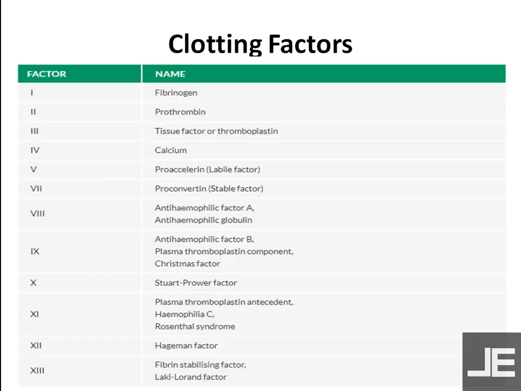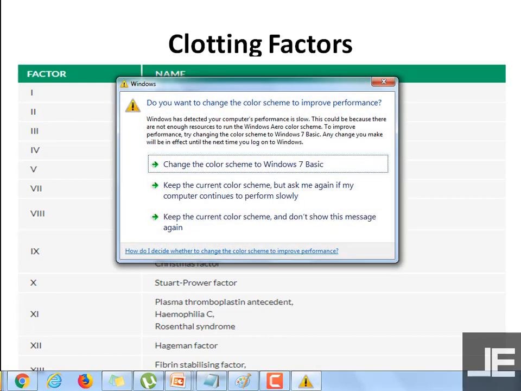I'm just going to teach you how not to forget the clotting factors in the right order. But before we jump into that, we have to understand what it entails to memorize them in a systematic order so as not to confuse them in the exam. Now, there are 13 clotting factors in order of numbering.